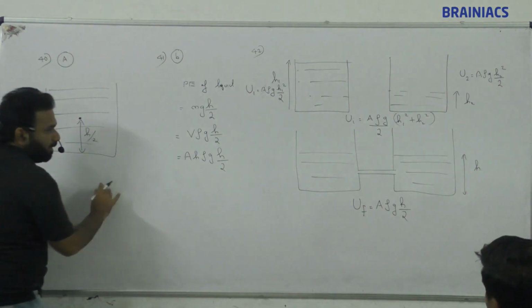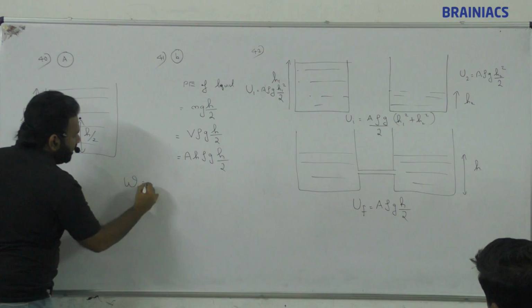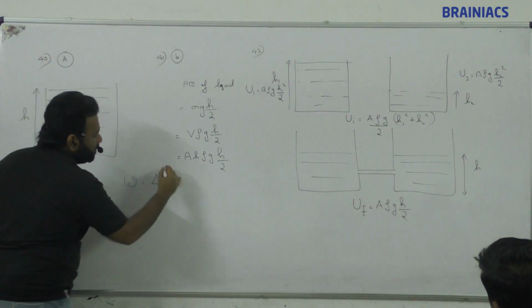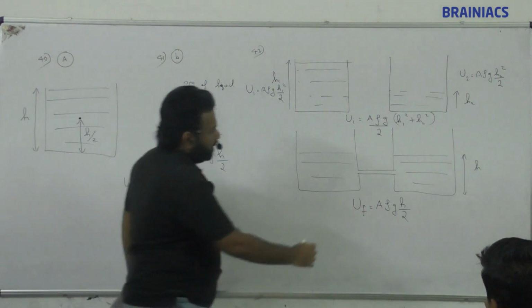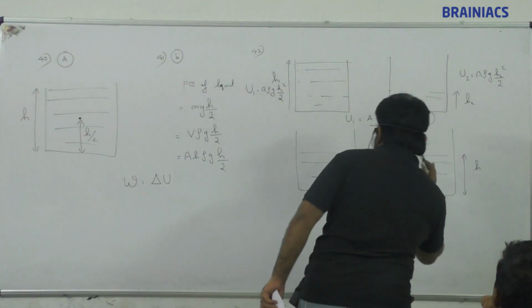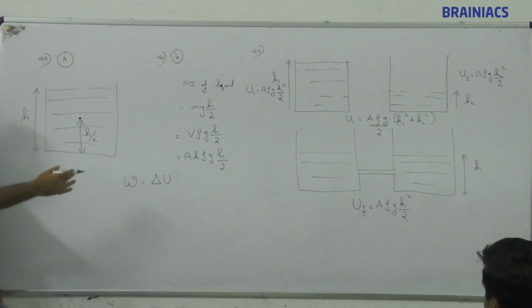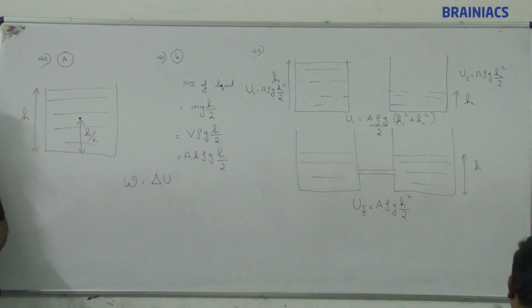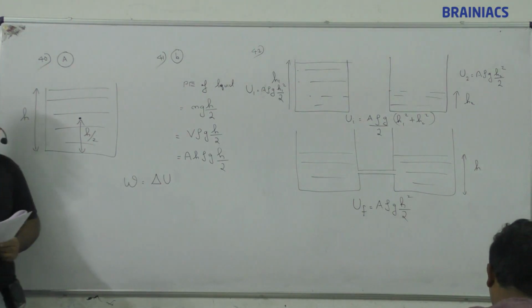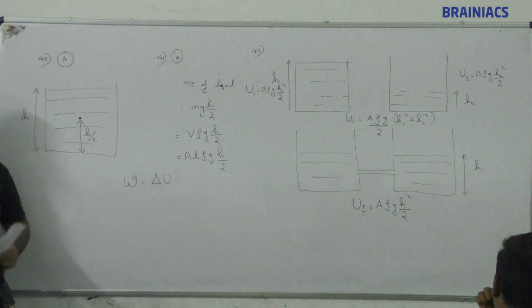Okay, now what is the work done? Work done by gravitational force is actually the change in potential energy. H square also will be there, yes. Now just simplify this one. Whatever change we are getting, that is the work done.